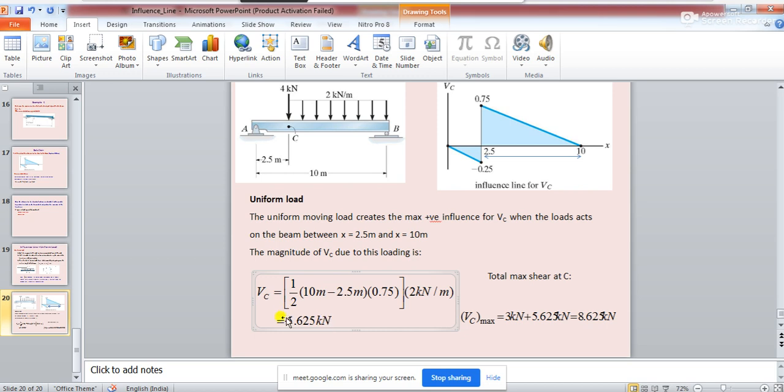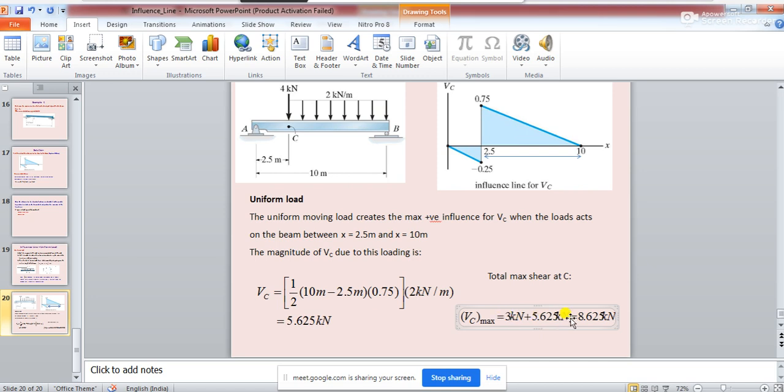Okay. Now once you get this value, because of this uniformly distributed load and as well this 4 kilonewton load, you will have to sum it up. Because of this 4 kilonewton load, you have calculated the value as 3 kilonewton. On the other hand, by multiplying the influence line diagram area with this uniformly distributed load, you have got a value of 5.625 kilonewton.